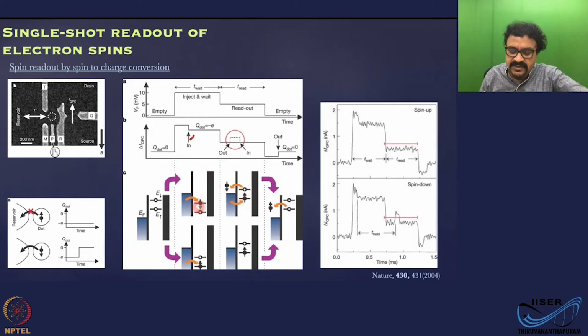So if the electron was in this state, what will happen is you would have this electron tunnel out. Electron tunneling out there is going to give a signal. It's going to give you a rise in the quantum point contact current.